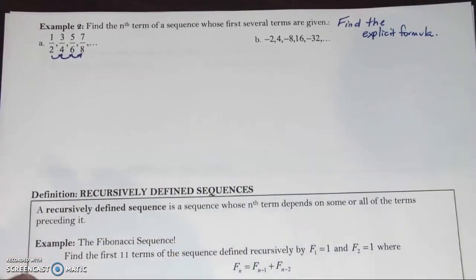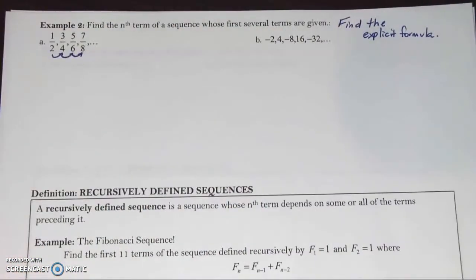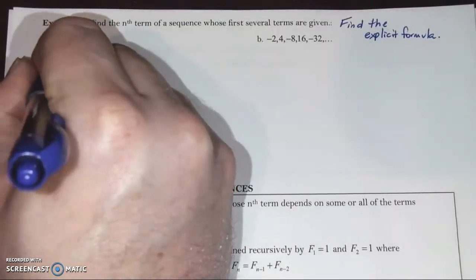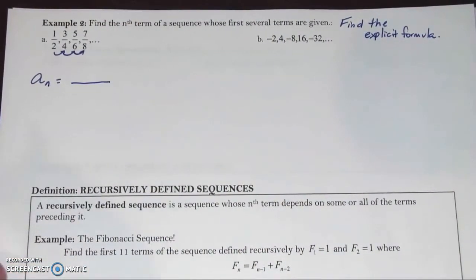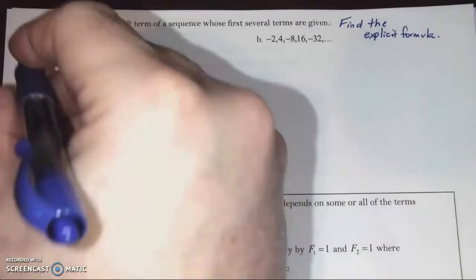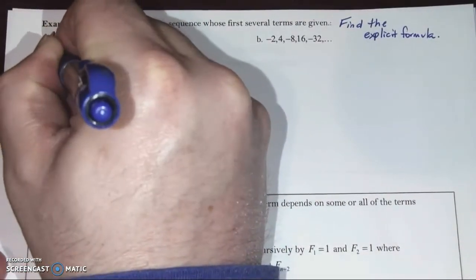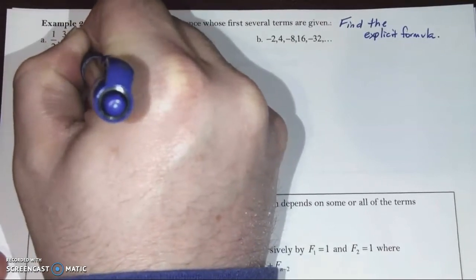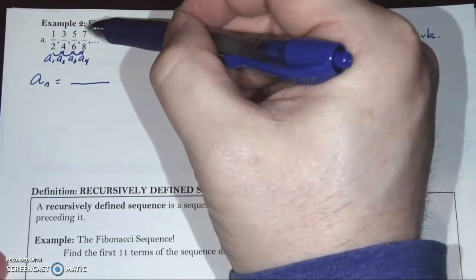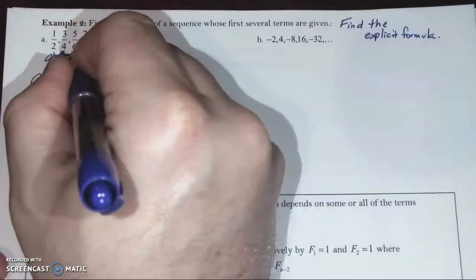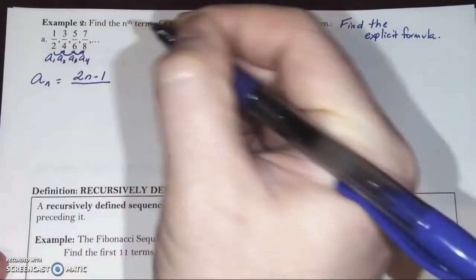So if there's nothing added, nothing multiplied from one term to the next, sometimes it's easiest to think of the top and the bottom separately. This is the first term, the second term, the third term, the fourth term. The top are all the odd numbers. We actually just talked about how to get the odd numbers. That was the 2n minus 1.